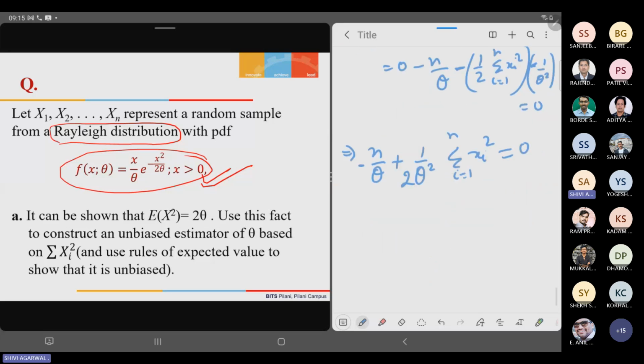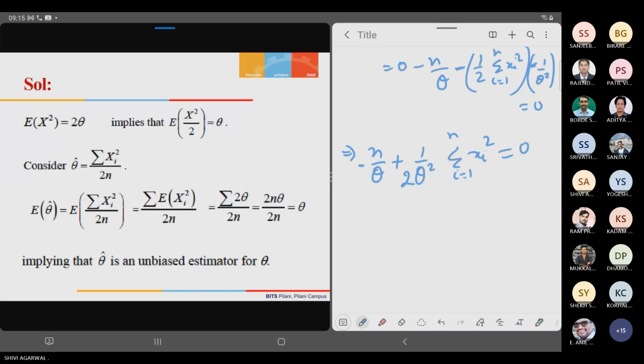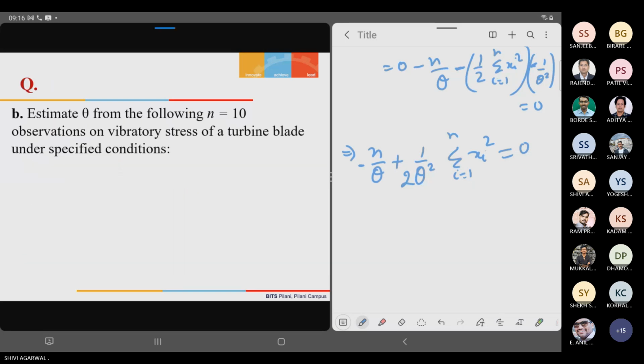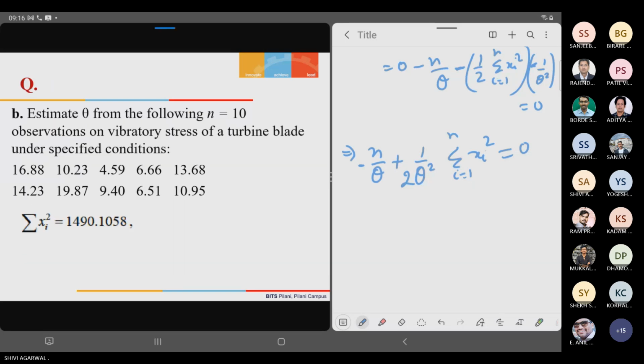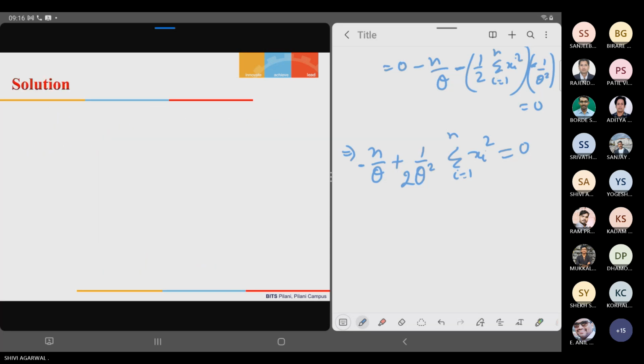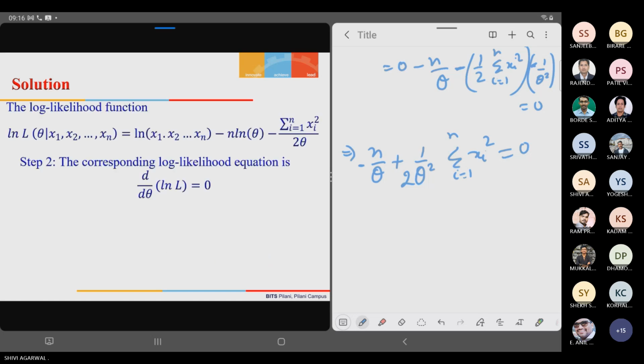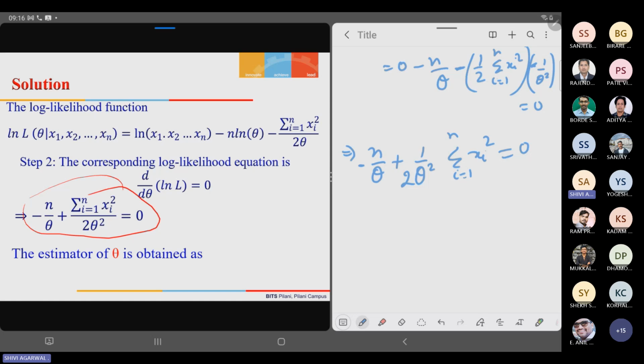Now we simplify it. Okay. So it will become like this one. We reached here, and to get the estimator, we just simplify it, and we will get theta is equal to summation xi square divided by 2n.